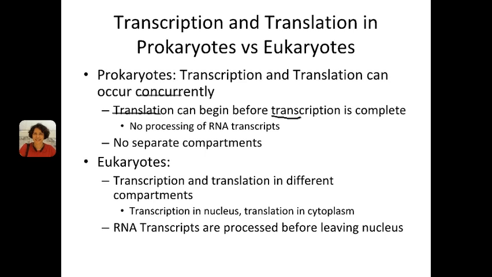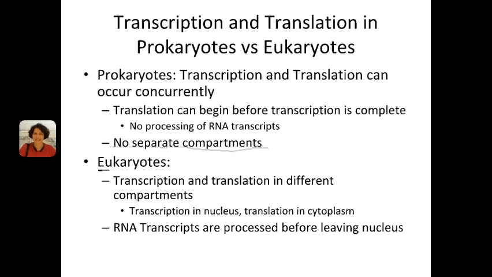And the RNA transcripts, the molecules of RNA that are formed in transcription, are not processed. They're immediately ready for translation. There are no separate compartments in a prokaryotic cell, which makes it possible for a ribosome to attach to an RNA transcript while the transcript is actually still being formed.